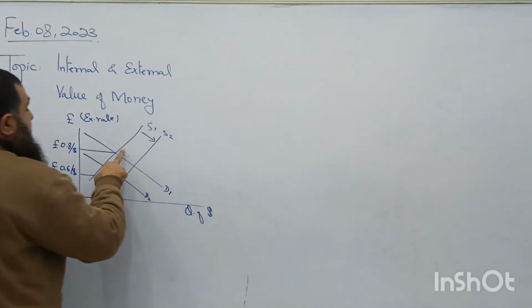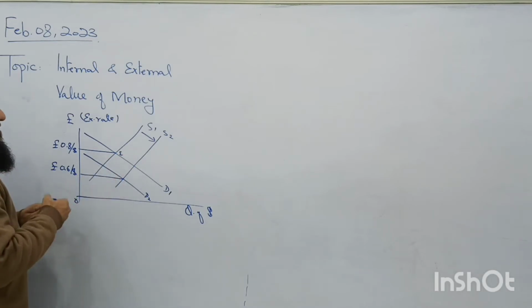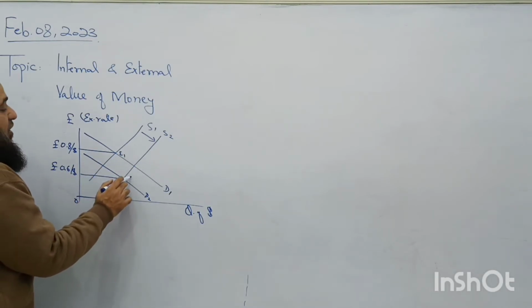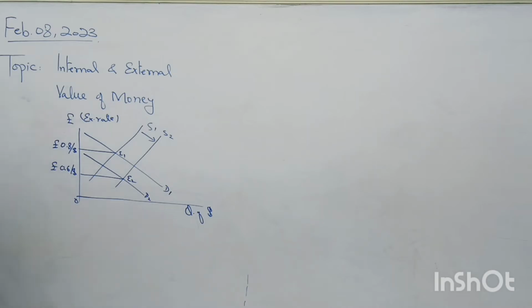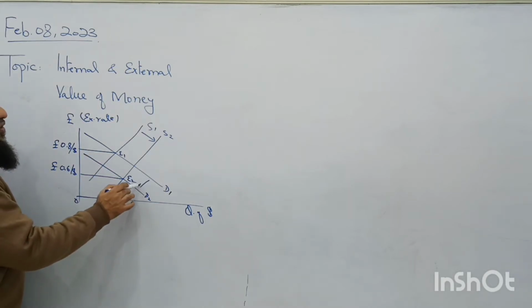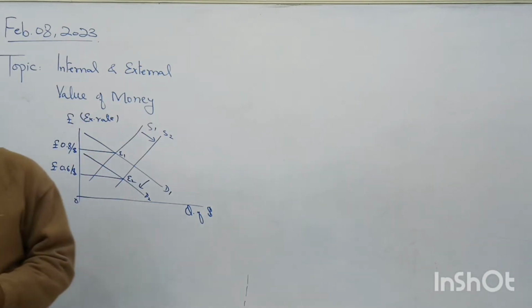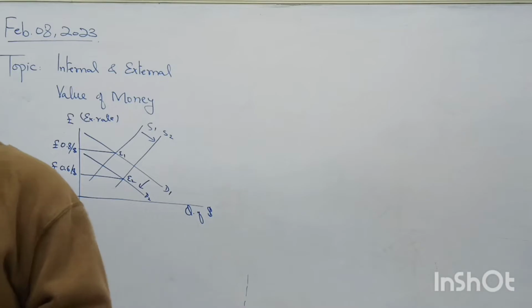So we find that the internal value of the dollar decreased due to inflation, but it has affected the external value of the dollar as well. It has made the dollar weaker in the international market.